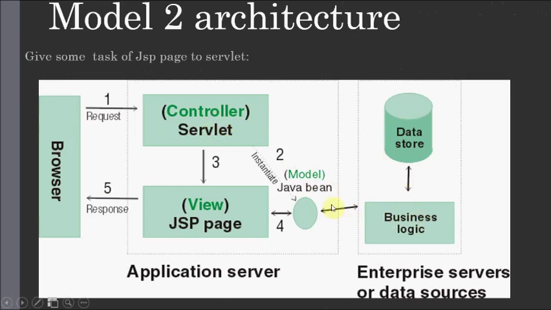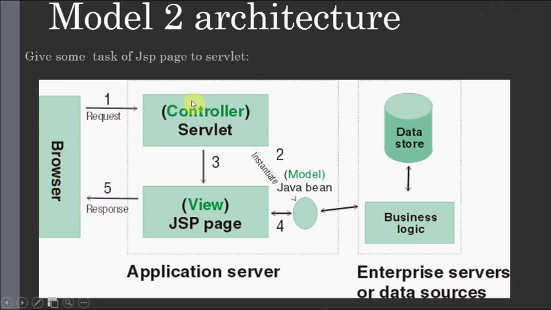After all, the Java bean invokes the get ID method, and the result is transferred to the JSP page, and the final appropriate ID is transferred to the JSP page. It is the task of the JSP page to transfer the result to the client or browser as a response.